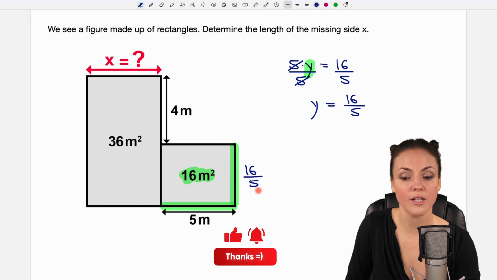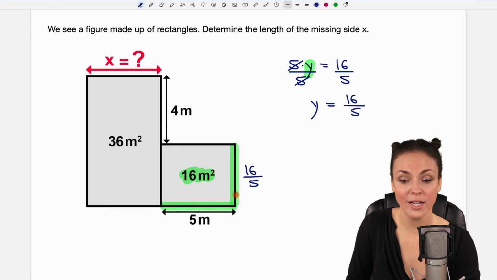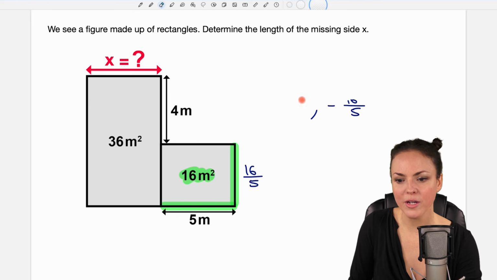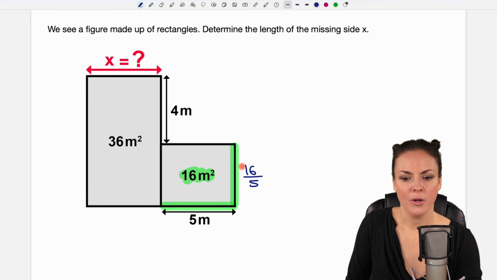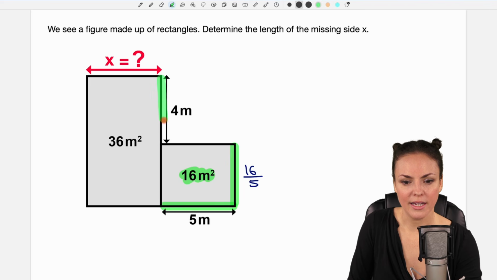And to summarize what we did, to find the length of this side here, we just took the area, the 16, and divided it by the length of the other side, by 5. So we just keep that in mind, that we can find the missing side like this when we are working with rectangles.